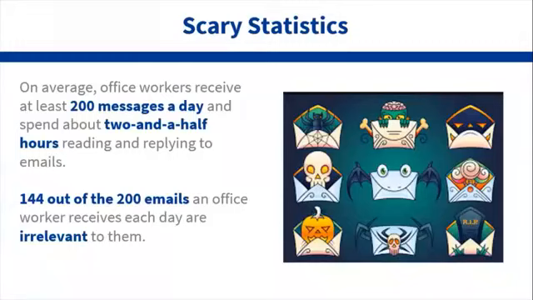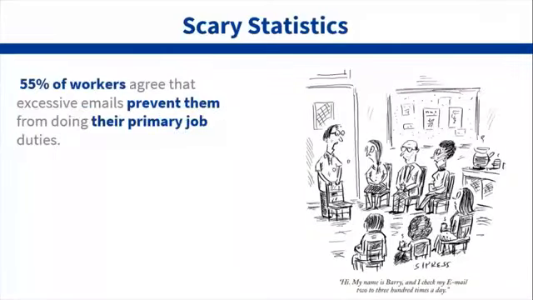So this means that 72% of emails that we get, or 1.8 hours a day that we spend working, are completely wasted, are not relevant to us, are not contributing to our productivity. But this is not the end. 55% of workers agree that excessive emails prevent them from doing their primary job duties.